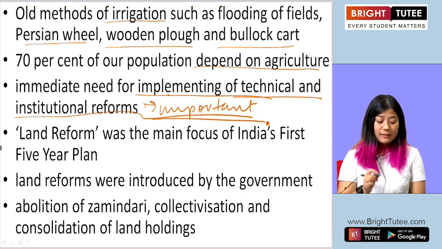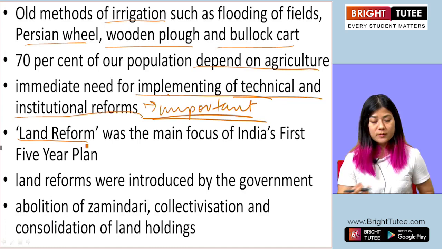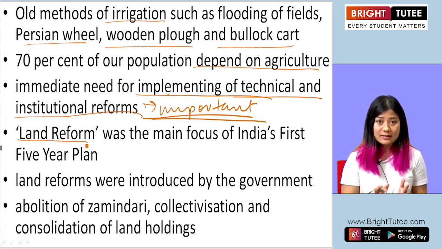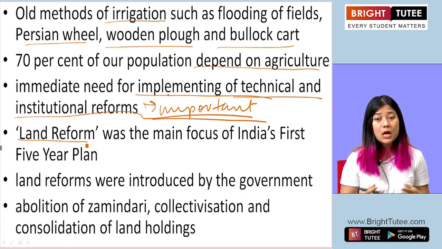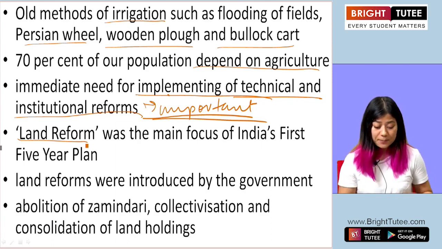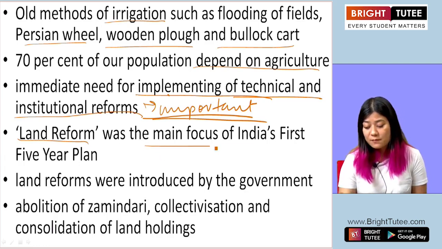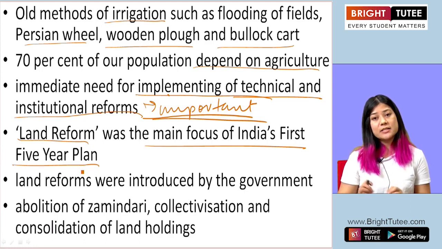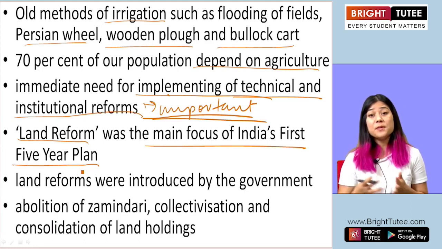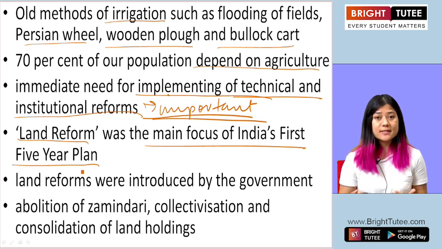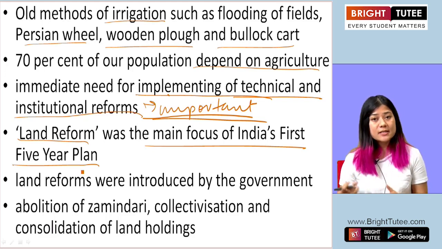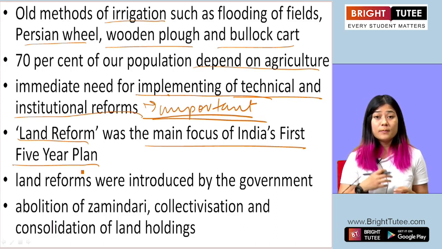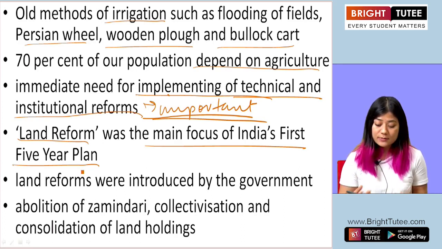So land reform is one of those reforms, bringing changes to the land, or to some of the rules followed by the farmers, landholders, zamindars, etc. Land reform was one of the main focuses of India's first 5-year plan. After independence, when India received independence in 1947 from the British, the Indian government began to introduce programs for the development of our economy as well as our country.